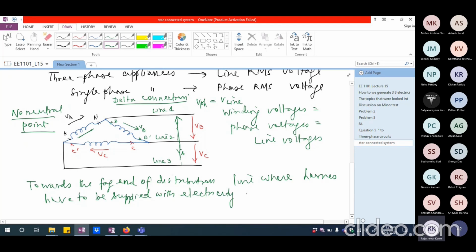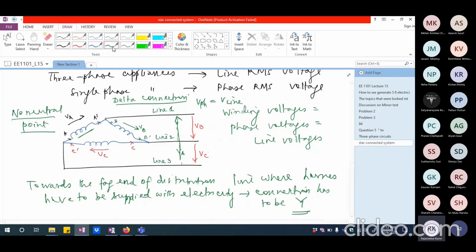So the connection has to be star. The three-phase connection has to be star because you need to have the neutral point available. Otherwise, you are not going to be able to supply 230 volts. Only line voltage will be available.